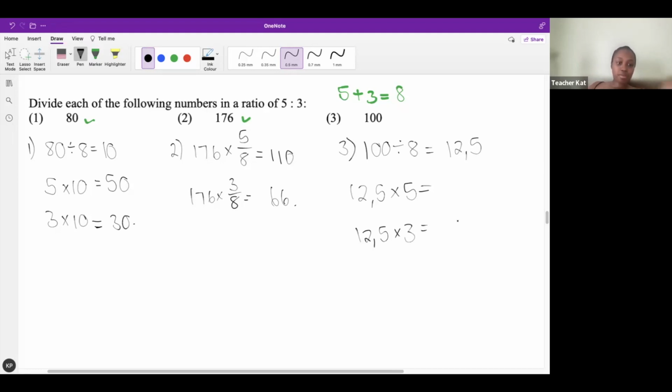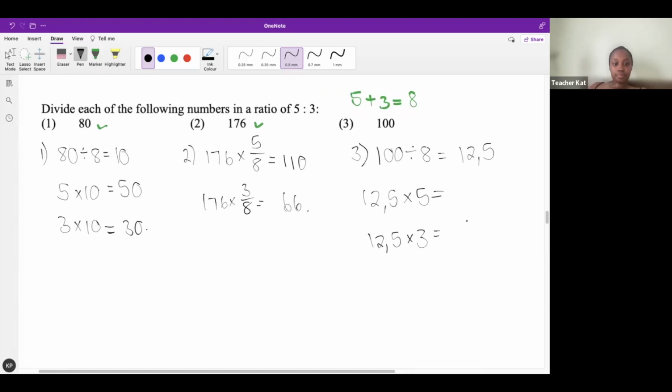What's 12,5 times 5? Anyone? 12,5 times 5. Okay, I'm going to take out my calculator and do it myself. There we go, 62,5. And 12,5 times 3, 37,5.